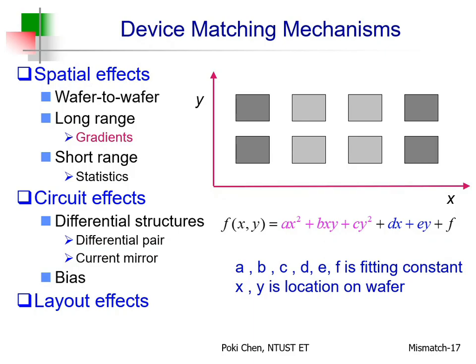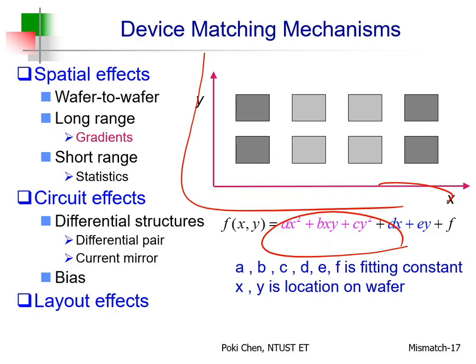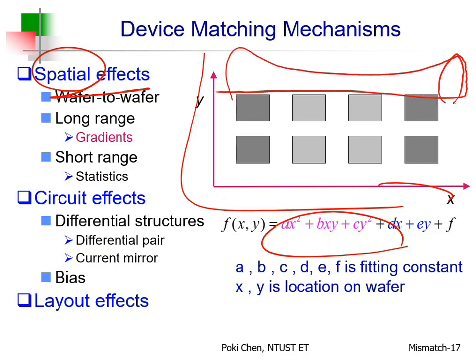Okay, so according to the spatial effect, this is the layout for you, right? 空间效应啊。According to systematic mismatch, as I mentioned, something like this, the thickness at the boundary will be more than in the middle, right?